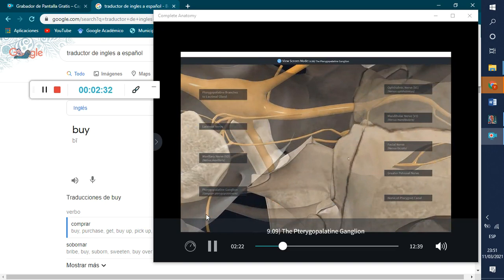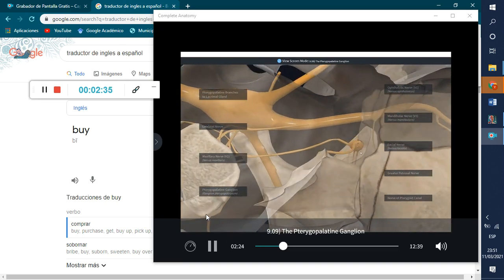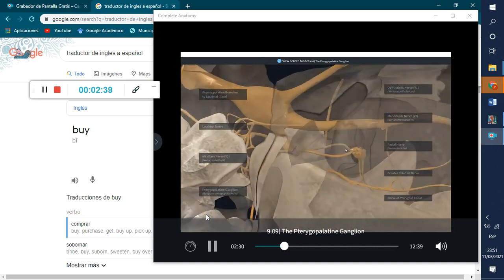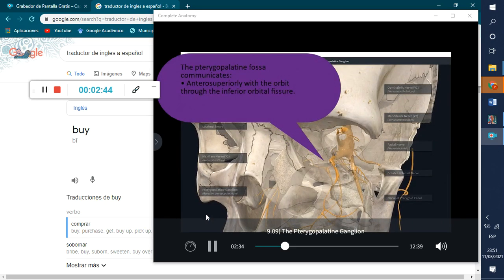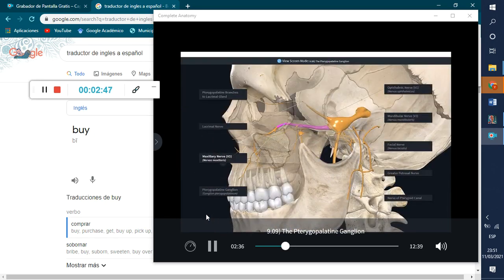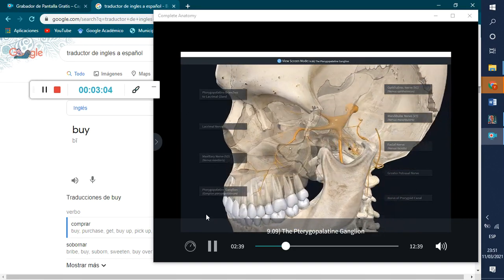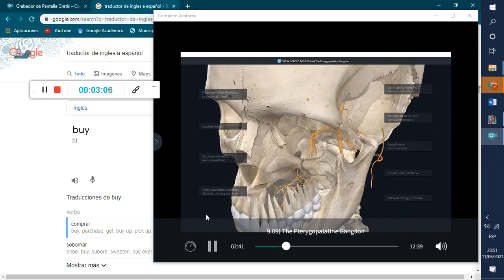You may recall that this is a foramen through which the sphenopalatine artery passes. Anteriorly and superiorly, there are communications with the orbit through the inferior orbital fissure, where we also see V2, the maxillary nerve, which then turns into the infraorbital nerve, pass.